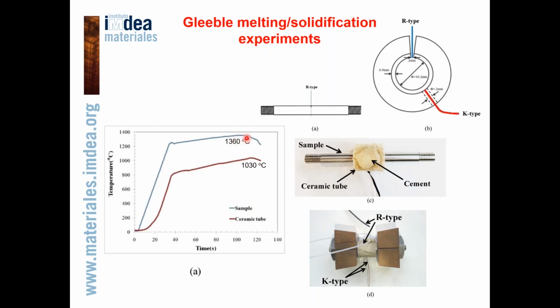For example, in the given case, we reached the temperature of interest, 1030 degrees, in the ceramic tube. A longer contact time would allow us to reach a higher temperature, and a shorter contact time, of course, would result in a lower temperature of the ceramic tube. So we can vary the temperature of the ceramic tube.